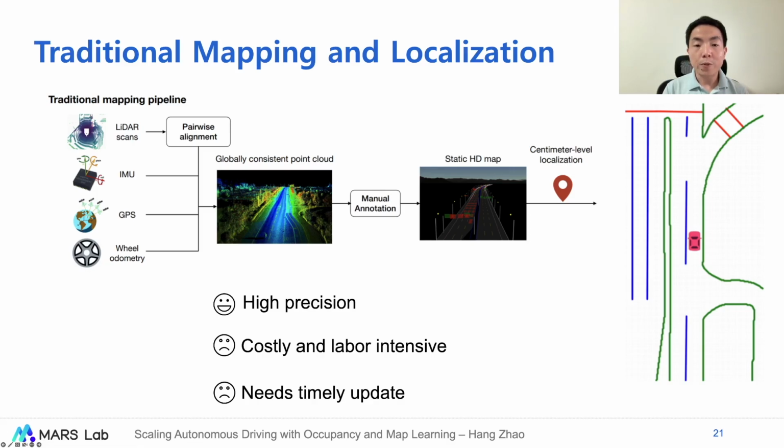And when we use it, we need to perform high-precision localization so that we can retrieve the high-definition map elements. It gives us really nice, precise maps. However, it is costly and labor-intensive. Moreover, the road conditions are ever-changing. To enable long-term use, high-definition maps demand constant updates and maintenance, which is almost impossible for manual annotation.